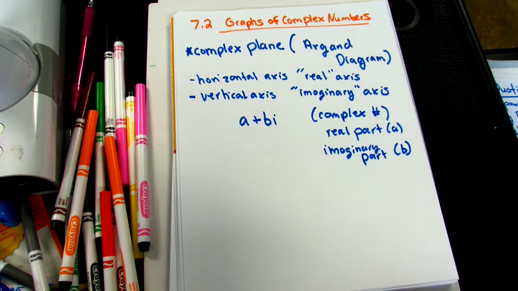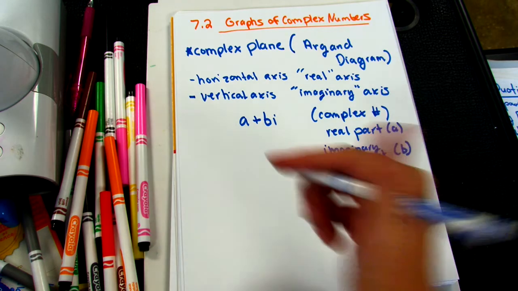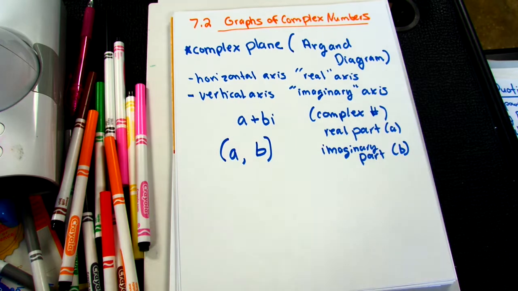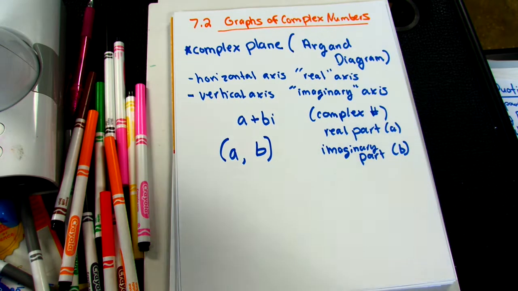So since it has a real part and an imaginary part, those two parts are going to determine the ordered pairs. Instead of x comma y, we have a comma b, where a is on the horizontal axis and b is on the vertical axis, okay?